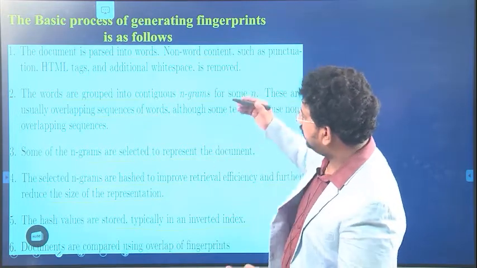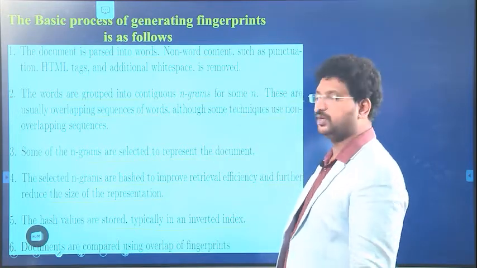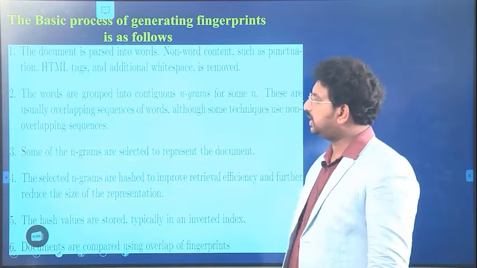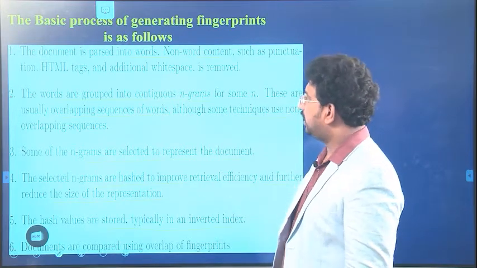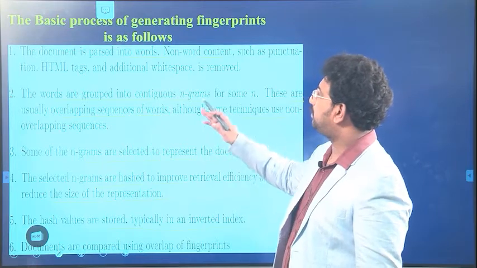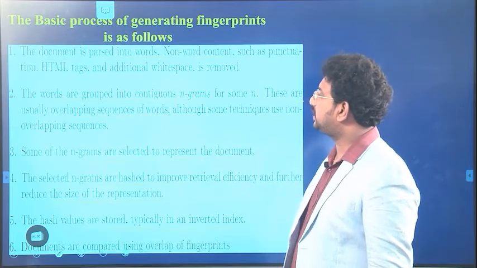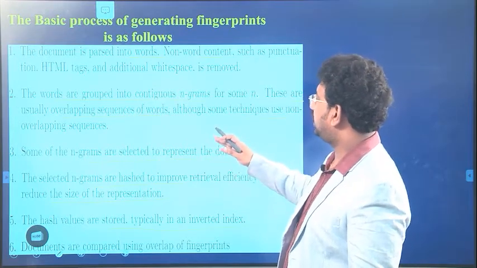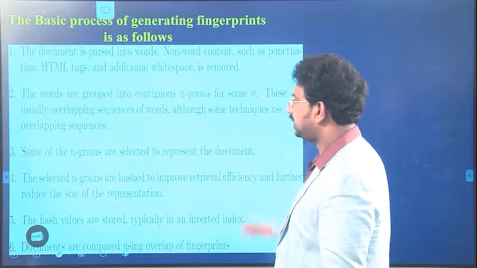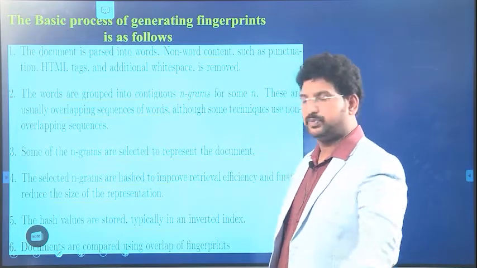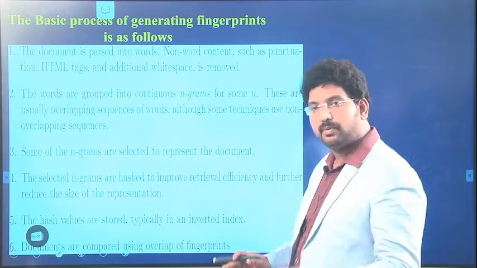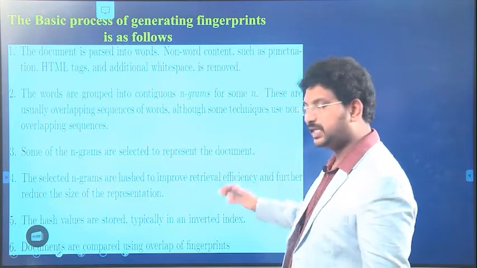So these are all the different steps involved in the basic process of generating fingerprints. The first one, the document is parsed into words, and second, grouped into continuous n-grams, which may be overlapping or non-overlapping, and some of the n-grams are selected for representing the entire document.